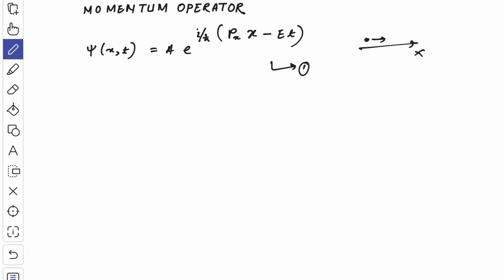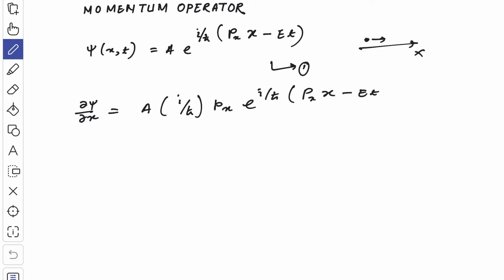Now if you differentiate this with respect to x, del psi by del x, then you will get A i by h cut px e to the power i by h cut into (px x minus E t).